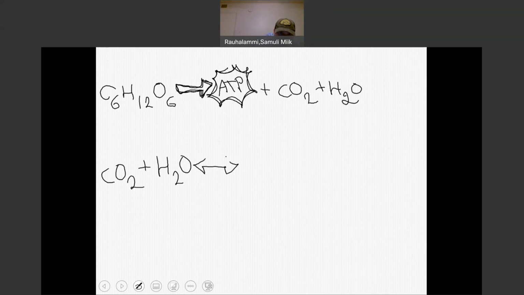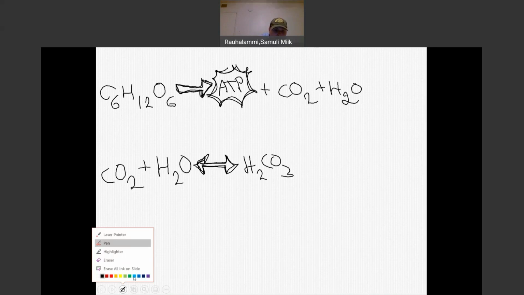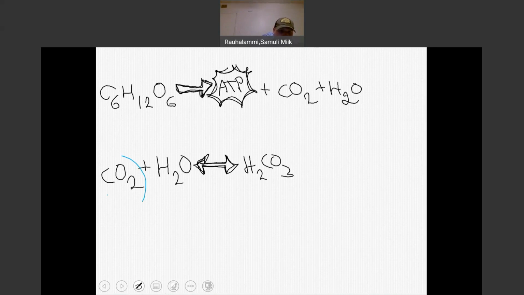Well, we can convert it into something. Let's have a look. And of course, this conversion can take place in the other direction as well. What we can convert it to is going to be our carbonic acid. So most of the carbon dioxide is converted into carbonic acid.